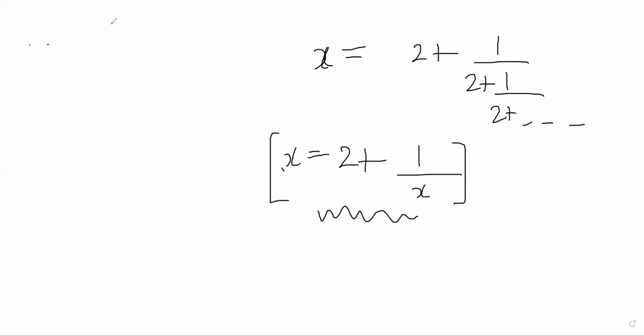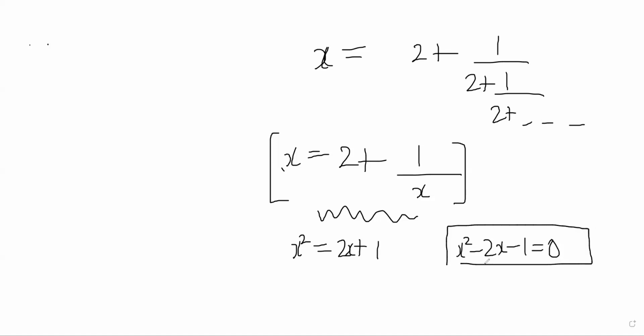Yes, sir, also we are sure that RHS is between 2 and 3. So it doesn't make sense. So you should forget about it, I think. x square is equal to 2x plus 1, so x square minus 2x minus 1. Okay, it's not some nice number, but fine.